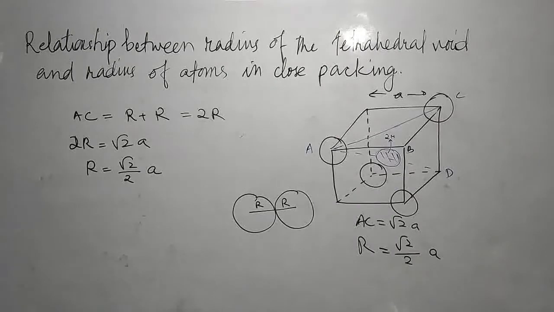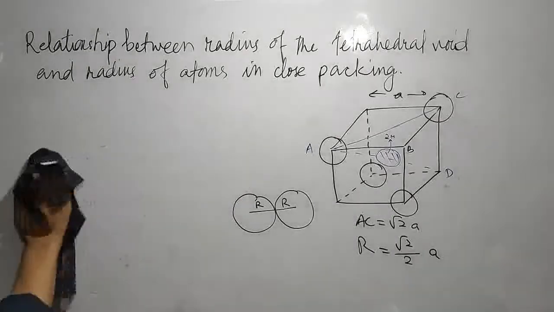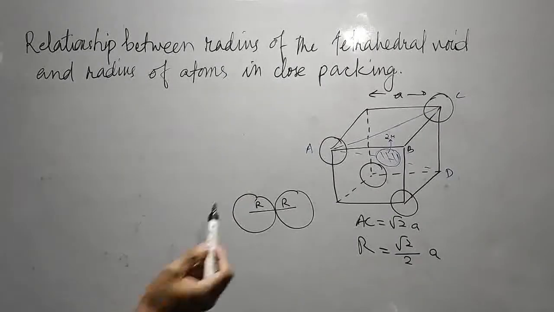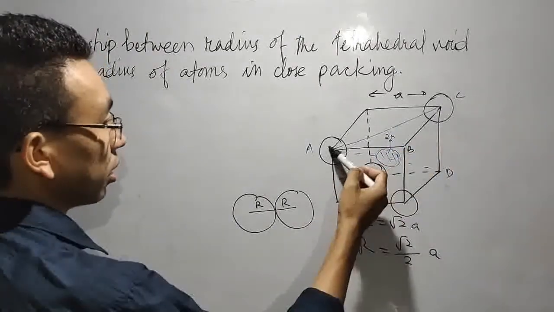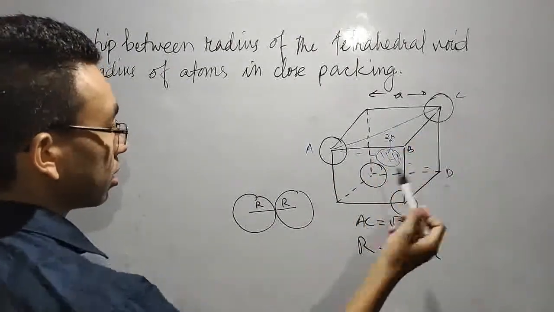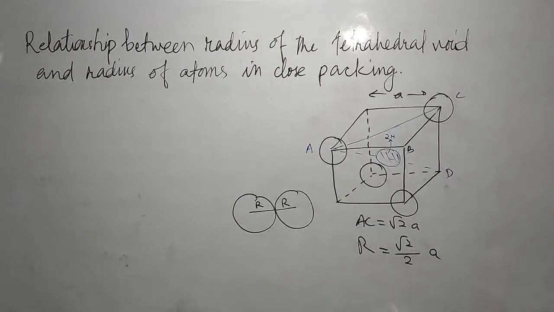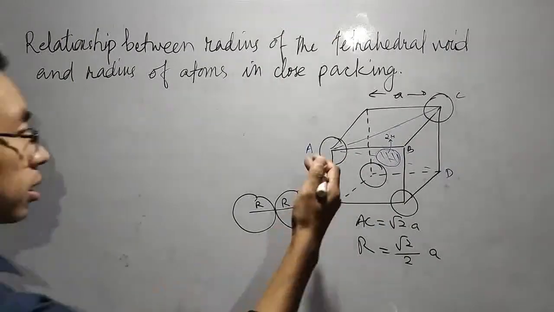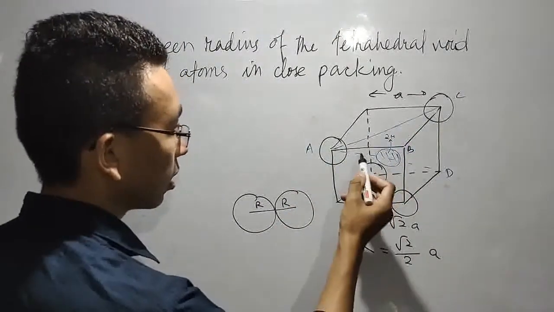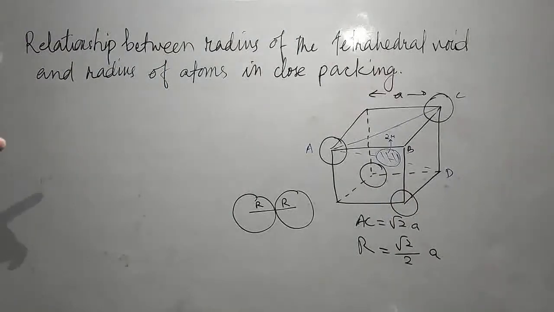Now let us take another triangle, that is triangle ACD. We are taking this triangle because along one of its sides there is the presence of the tetrahedral void.